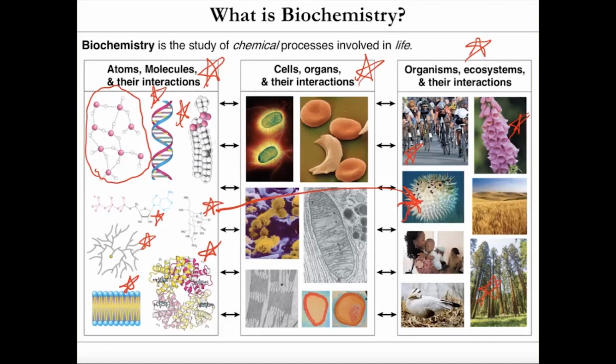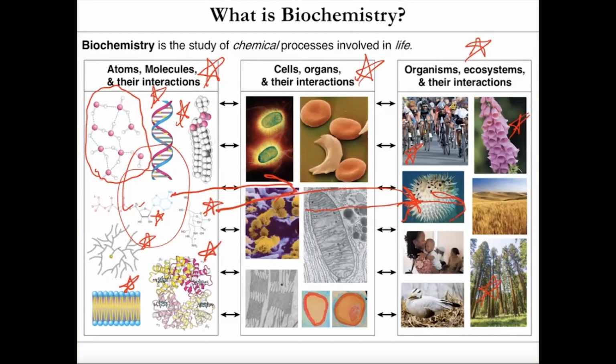Biochemistry is really fundamental to understanding how life works. If you understand how these individual molecules work, you can understand how different cells and organ systems work, and that will help you understand how a whole organism, a whole population of organisms, or a whole ecosystem actually functions.